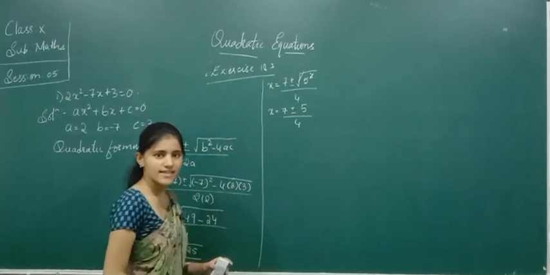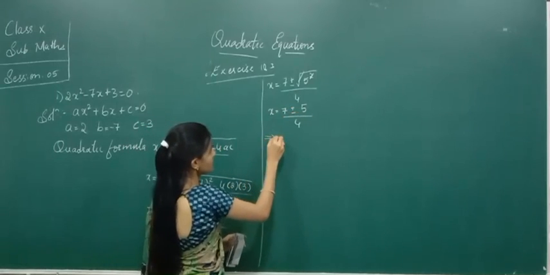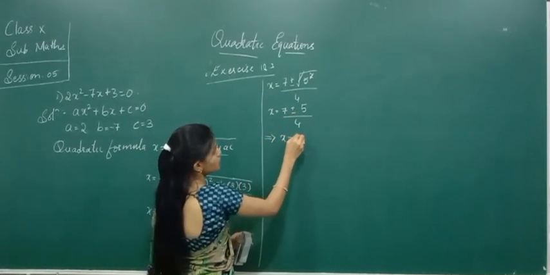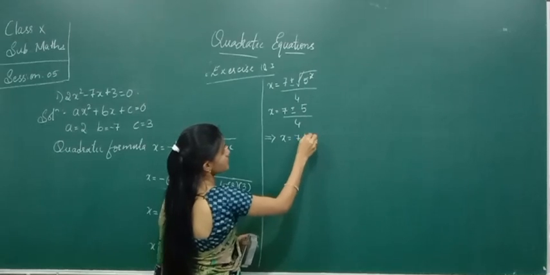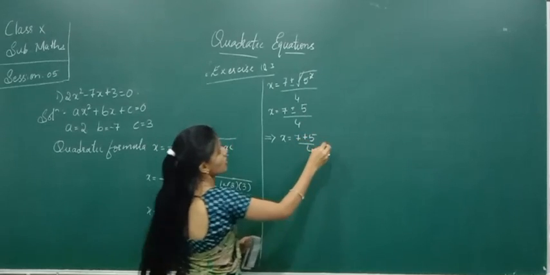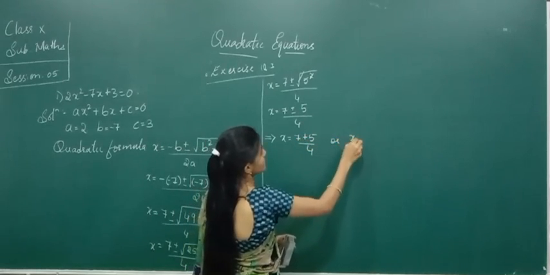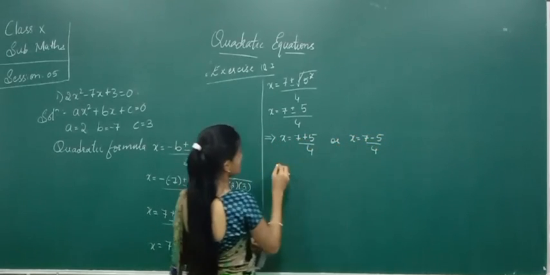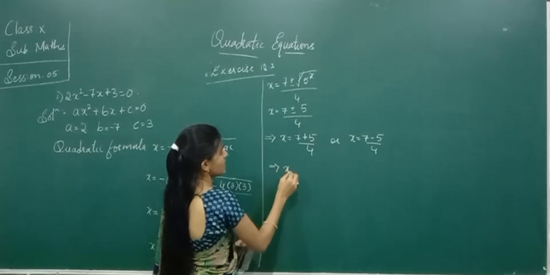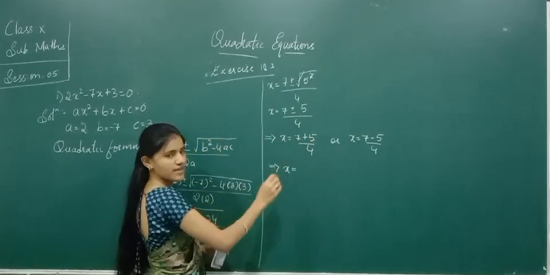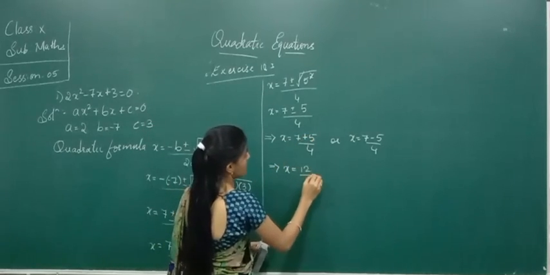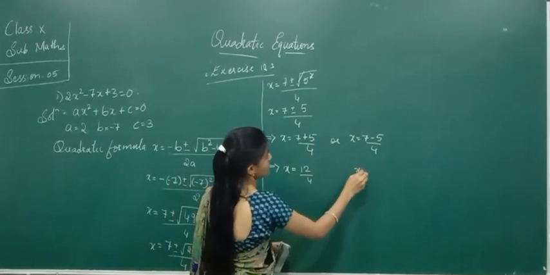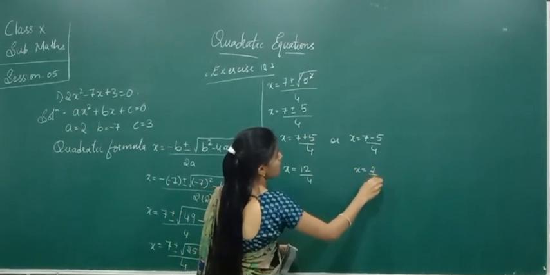How we can write this? This implies that x will be equal to 7 plus 5 by 4, or it means what? X is equals to 7 minus 5 by 4. This simply means that x is equals to, what is 7 plus 5? 12 by 4, or x is equals to 2 by 4.